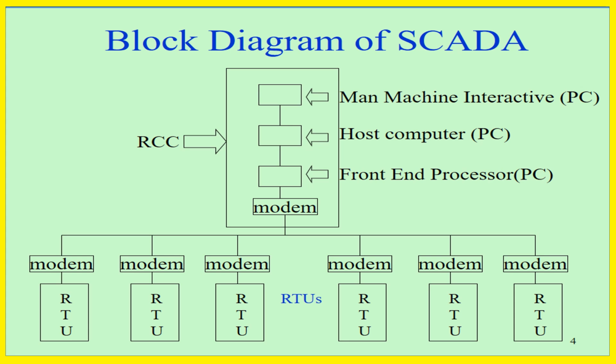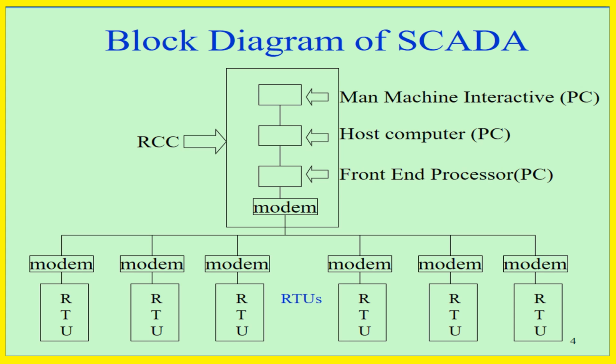Then a memo will come and there you have to fill in what you have to do. Immediately this code will be generated and it will be modulated, then communicated to the RTU. So this is the basic idea.